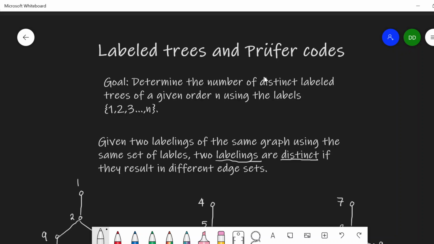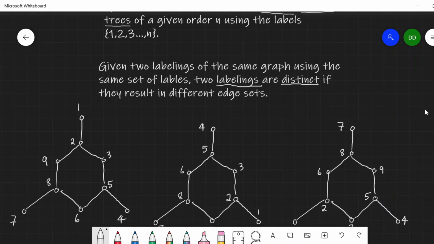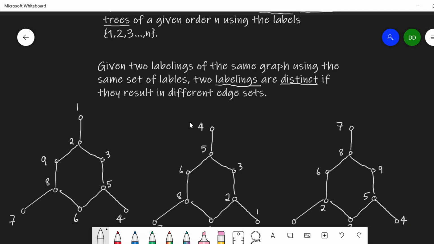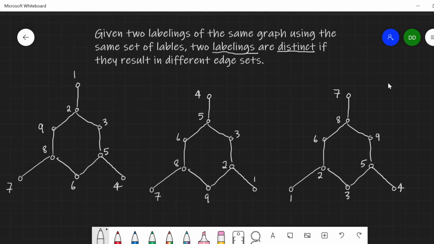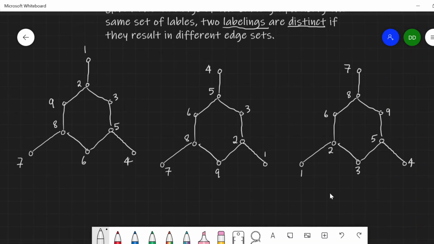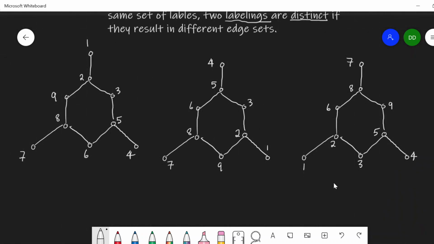So the first thing I need to mention is what is meant by distinct labeled trees. So first off, two labelings of the same graph and using the same set of labels. Two labelings are considered distinct if they result in different edge sets. So here I have an example of 3 labeled graphs of order 9.